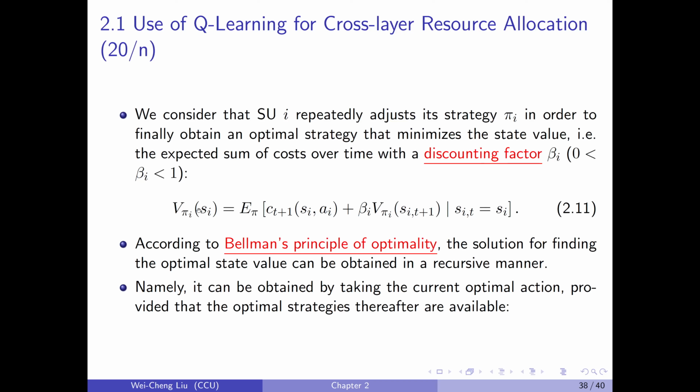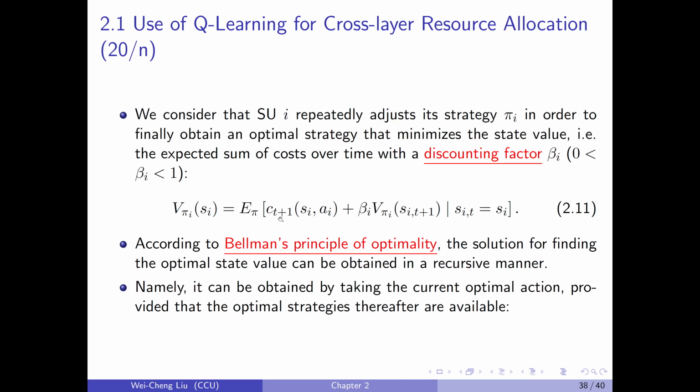Okay, V^pi_i(s_i) is the expected sum of costs under the strategy pi_i and the state s_i, where s_i is the state of secondary user i, and it is equal to E_pi, that is, the expectation of this term with respect to pi, where pi denotes the strategy.